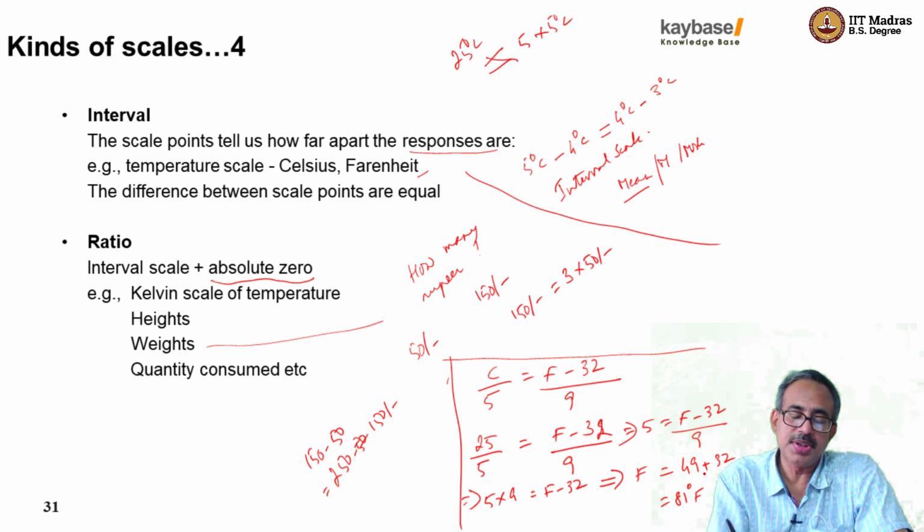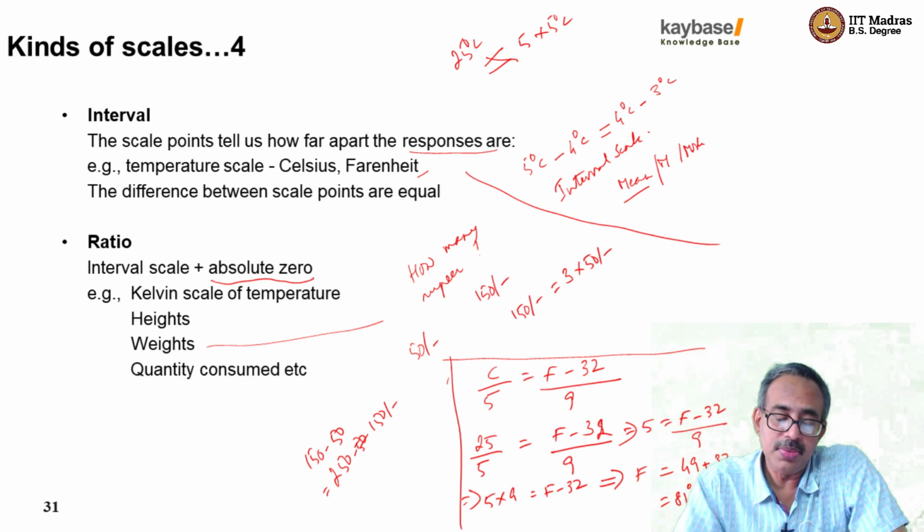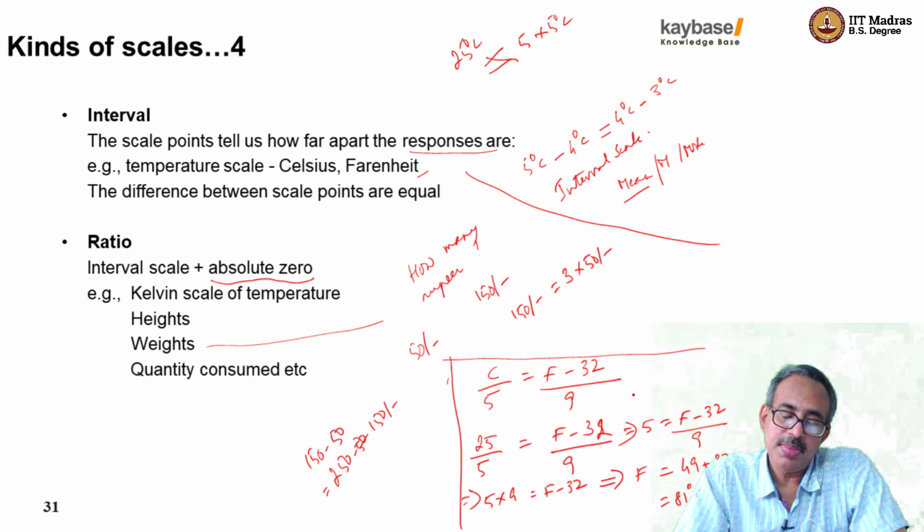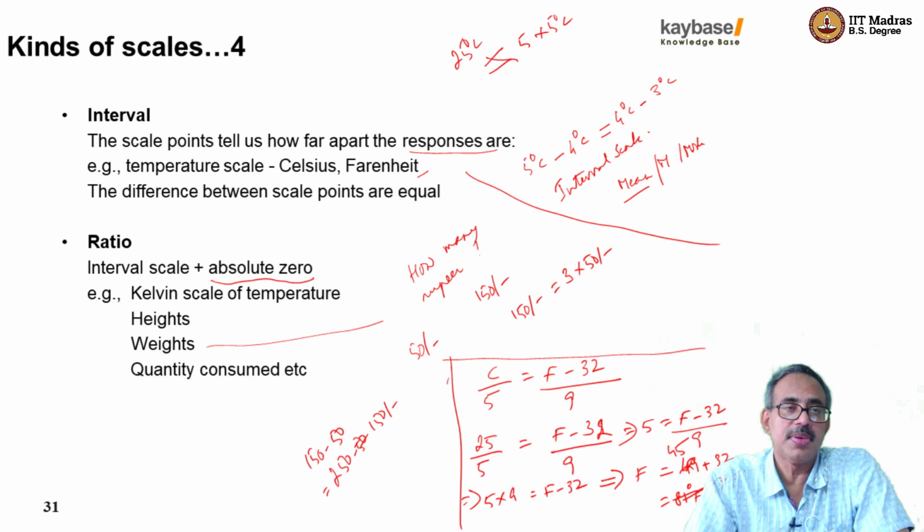I hope I'm doing this correctly. I'm just doing it from my vague memory of my school formula. 9, 5, 45, and 32 comes here. 45 plus 32, 77 degrees Fahrenheit. So F becomes 45 plus 32, 77 degrees, right?